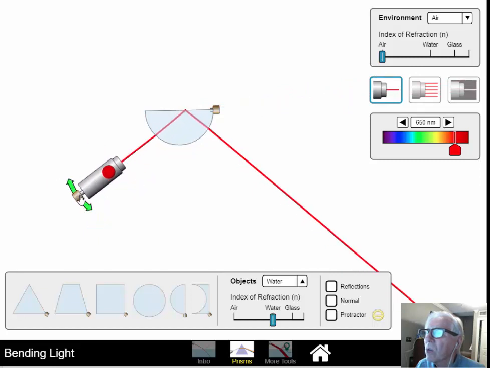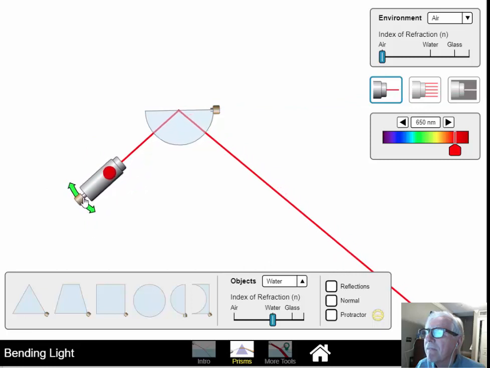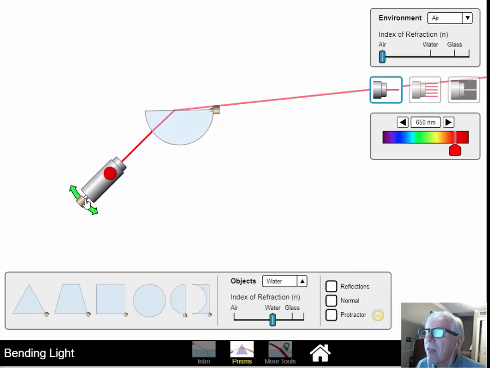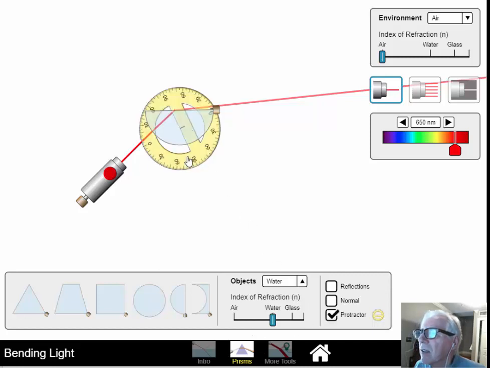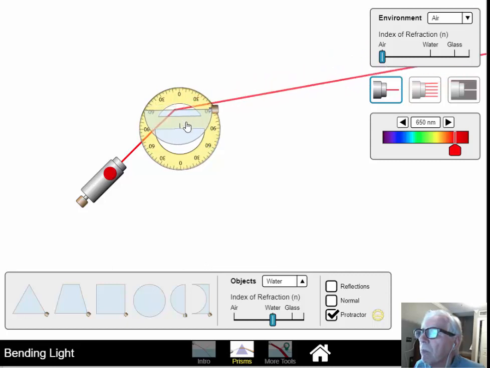It's so close. There. I'm going to take it as that. Get my protractor, come along here. Now remember, great, beautiful.